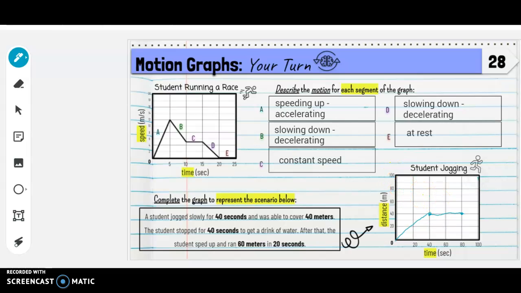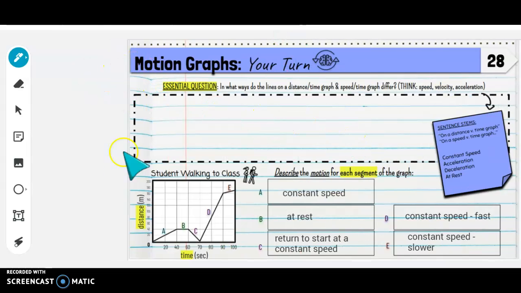So this line would connect all the way to the top. Make sure you get this graph completed to represent the scenario that was described. And then make sure you go back to answer your essential question using the sentence stems.